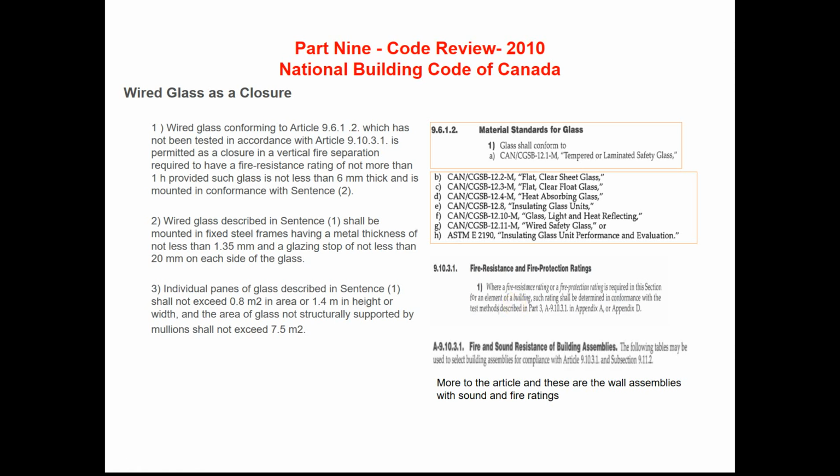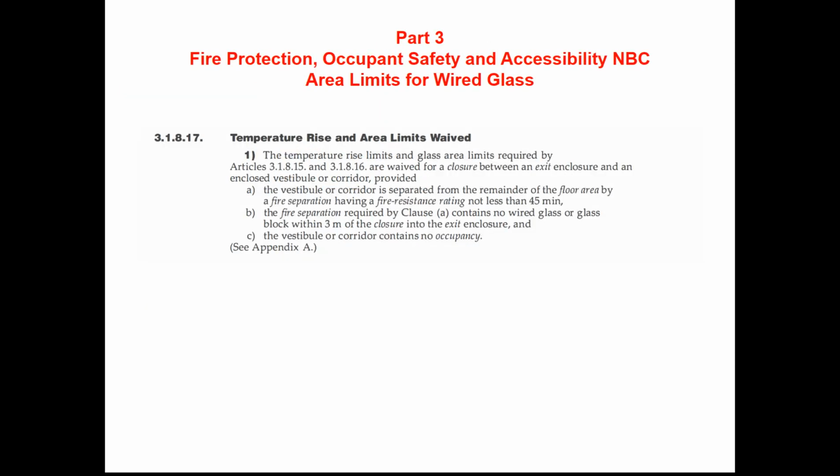So where a fire resistance rating is required in section for an element of a building, it shall be determined in conformance with methods as in Appendix A or D. Wired glass as described in sentence 1 shall be mounted in fixed frames. They talk about all that and give you criteria on how this wired glass works.